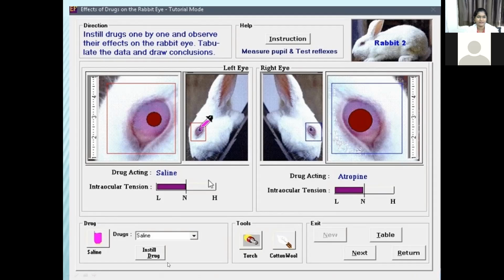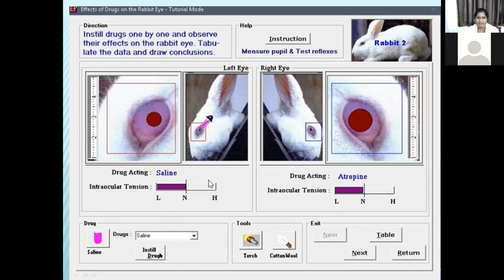The drugs are available on the left bottom side. If you select drugs, for example normal saline on the left side, you can instill it in both eyes before starting the practical, then after 5 minutes you can instill atropine.